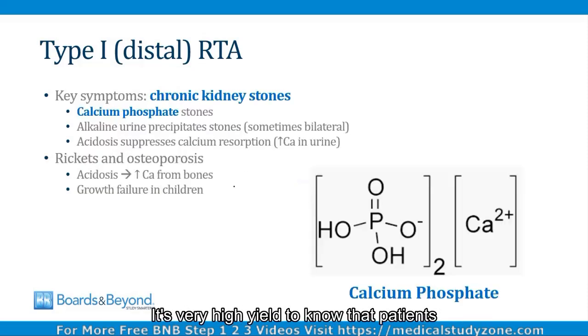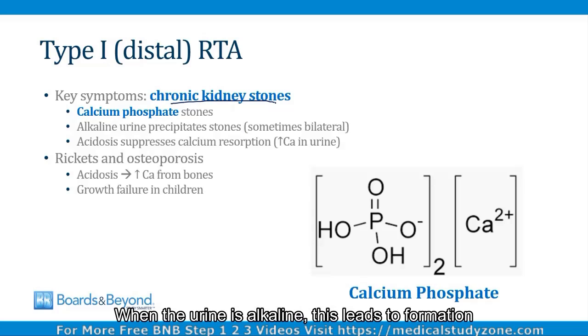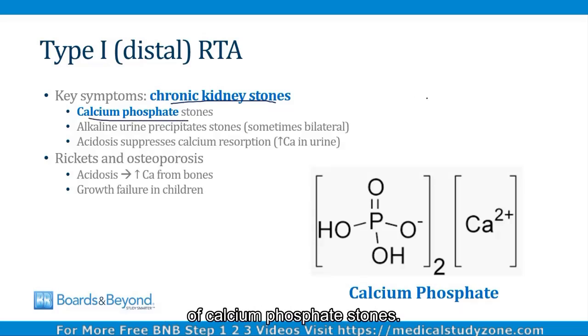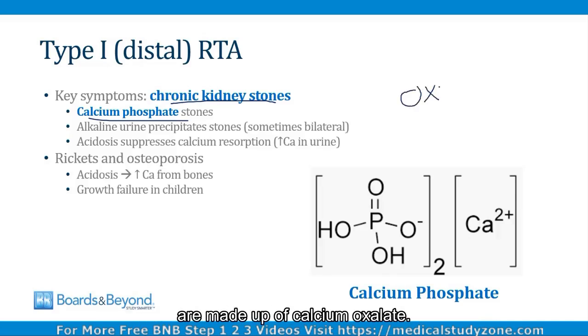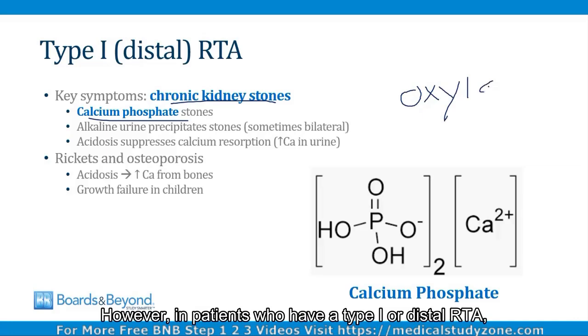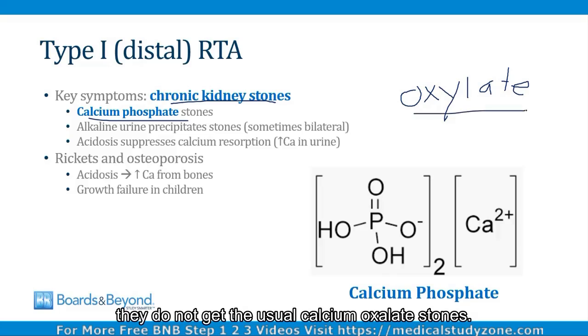It's very high yield to know that patients with type 1 RTAs get chronic kidney stones. When the urine is alkaline, this leads to formation of calcium phosphate stones. In the video Nephrolithiasis, I talk about how the majority of calcium kidney stones are made up of calcium oxalate. However, in patients who have a type 1 or distal RTA, they do not get the usual calcium oxalate stones.